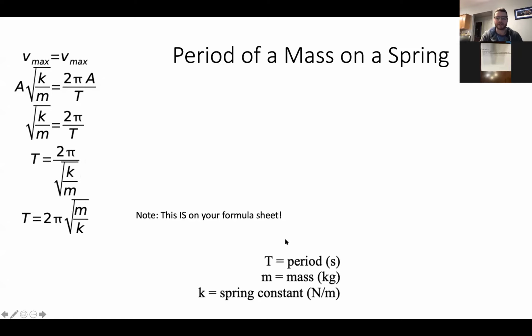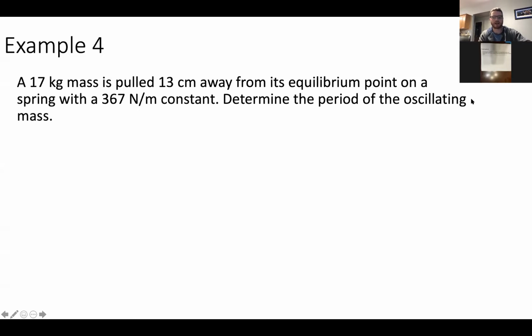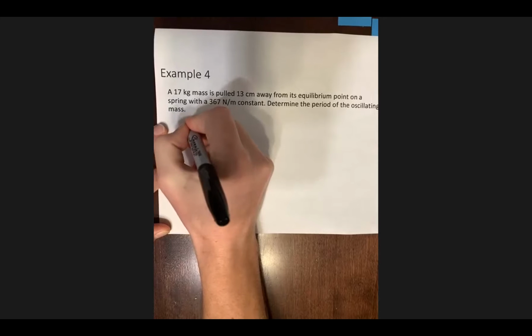T is the period, units of that is seconds, m is mass in kilograms, and k, again, is the spring constant. All right, so example 4. We have a mass of 17 kilograms.